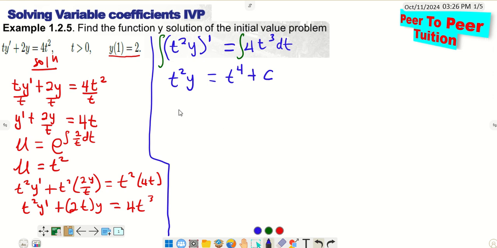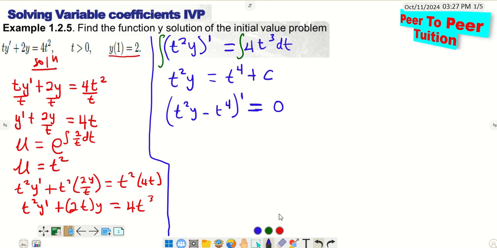Now from here, I can bring the t to the power 4 here, and I'm left with the constant c. But if I differentiate, then I will get 0. Or the derivative of a constant is 0.